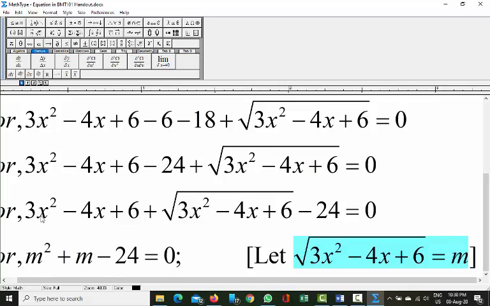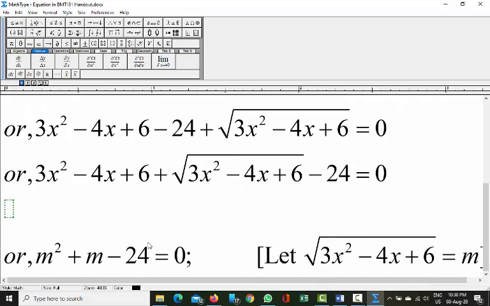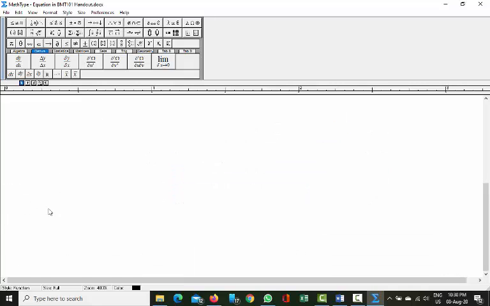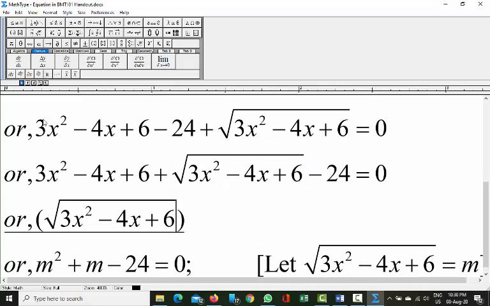So what do we have here? Here we can write another step so that it will be easier for you. Right, so that means here we have 3x square minus 4x plus 6.